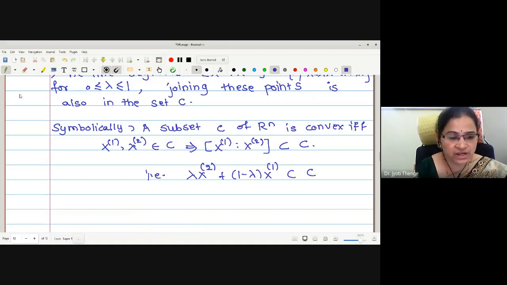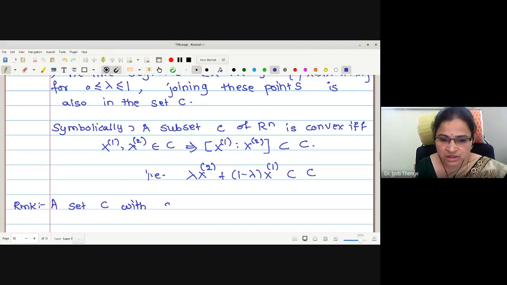Here I will write a remark: a set C with a single point is convex by convention.